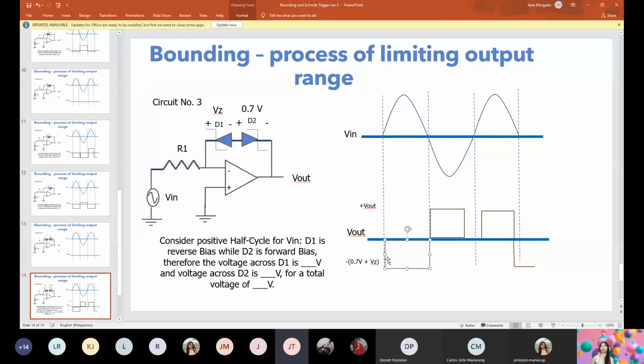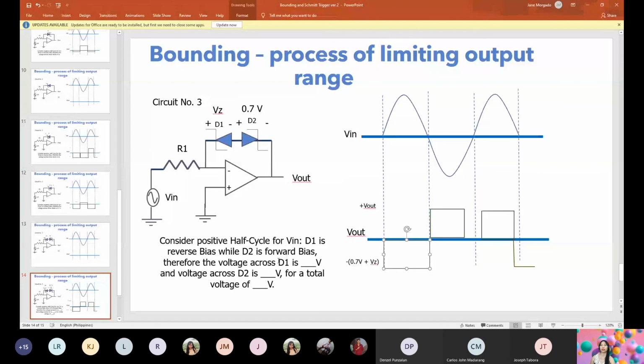Negative polarity. Tama ba, class? With respect here, you have two diodes. One exhibits VZ and the other one is equal to 0.7. So it's just simply equal to negative 0.7 plus negative VZ. Questions? Okay, none. So it's a combination of 0.7 and VZ but negative voltage.